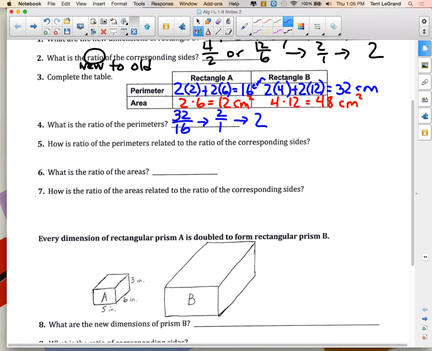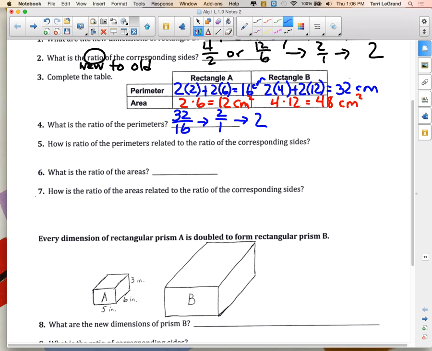So then what's that telling us? If we double the dimensions of the rectangle, what happens to the perimeter? It doubles also, doesn't it? So if we double the lengths of the dimensions, the perimeter also doubles.